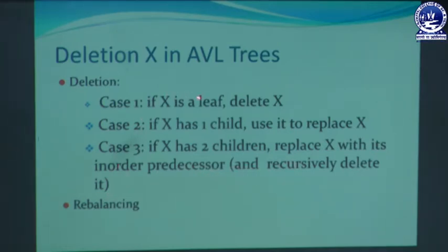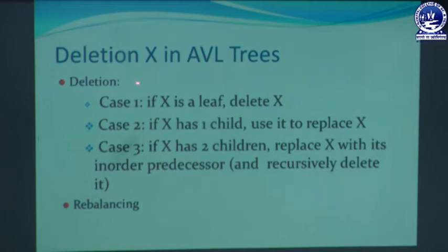So, after performing these three cases, that means if X is a leaf node, if X has one child, that may be a left child or right child, or if X has two children, that is left and right, both filled, then after performing this deletion operation, we need to rebalance the tree if the balance factor is not -1, 0 or +1. That means the balance factor may be +2, -2 or more, then in that case we need to rebalance the tree.